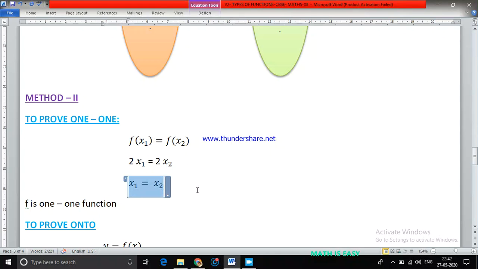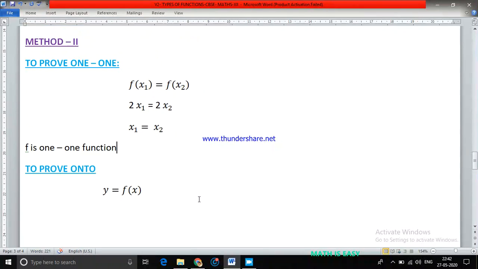If I take f of x1 equals f of x2, that is, images are equal, and I cannot prove that the elements are equal, that means the elements are different but their images are equal. Hence it cannot be a 1-1 function. So that's the logic I am using here.